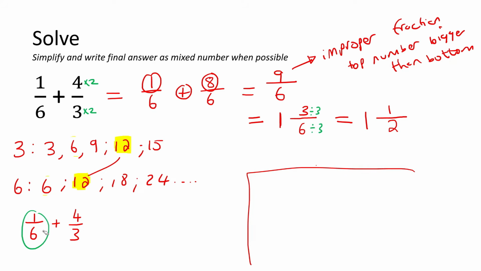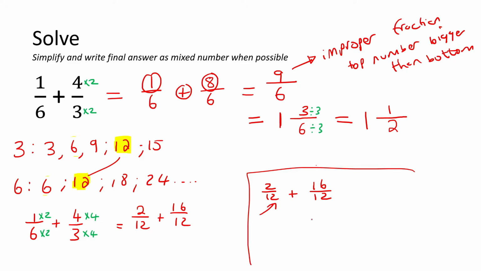Well, then that means this needs to be multiplied by 2, and what you do to the bottom, you do to the top. And this one would need to be multiplied by 4 so that it can become a 12. And what you do to the bottom, you do to the top. And so that would end up becoming 2 over 12 plus, what is 4 times 4? 16 over 12. So we have 2 over 12 plus 16 over 12.